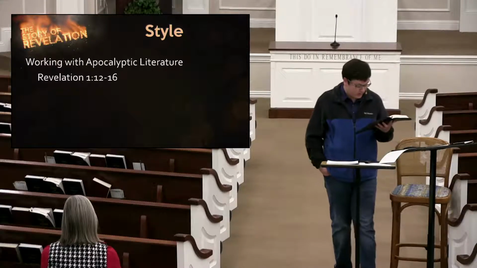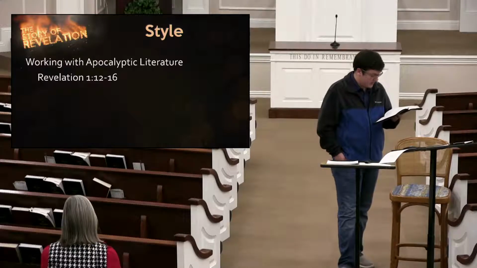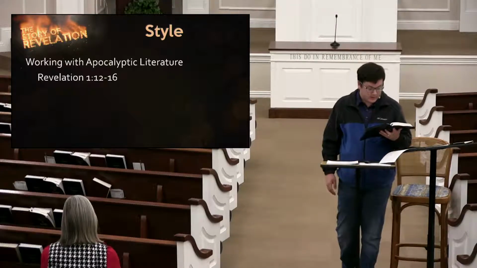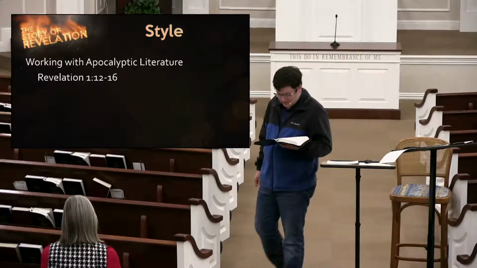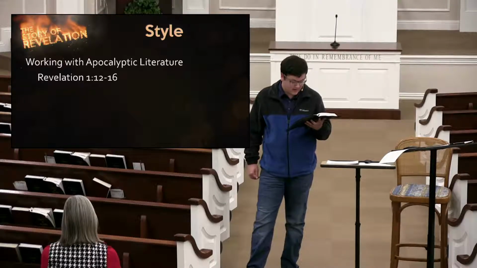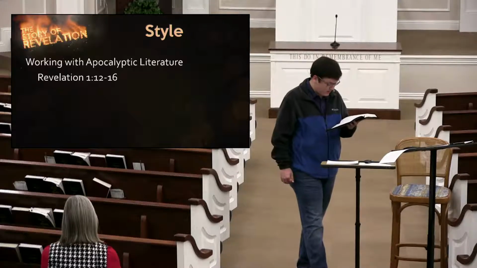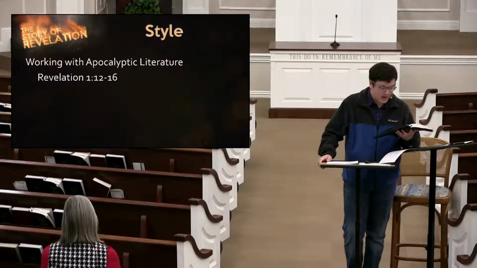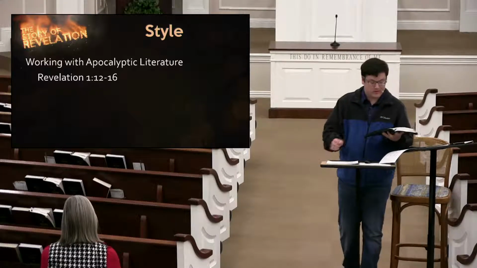His feet were like burnished bronze when it had been made to glow in a furnace. And his voice was like the sound of many waters. In his right hand he held the 7 stars, and out of his mouth came a sharp, 2-edged sword, and his face was like the sun, shining in its strength. When I saw him, I fell at his feet like a dead man, and he placed his right hand on me, saying, "Do not be afraid. I am the first and the last."